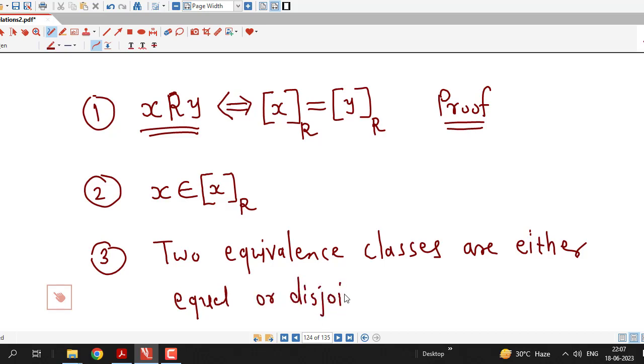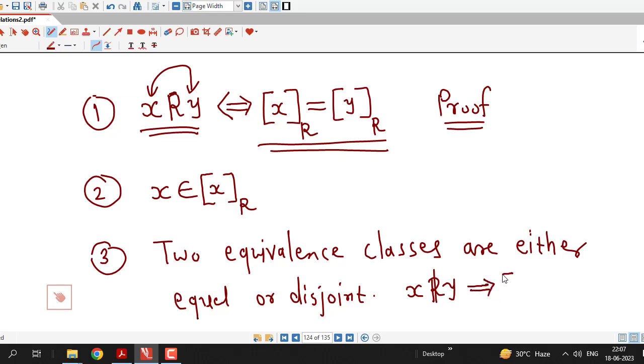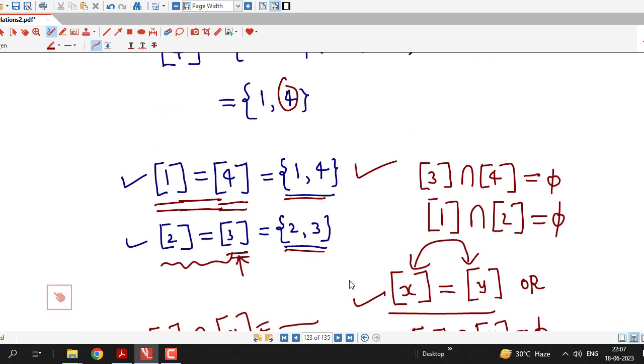And two equivalence classes are equal if and only if these two elements are related. If x and y are related, then only the equivalence classes of x and y are equal. If x is not related to y, in that case we will have disjoint equivalence classes, and we observe that here also.